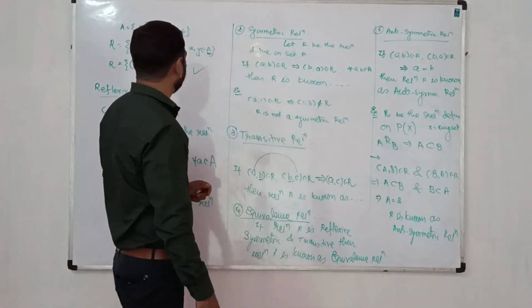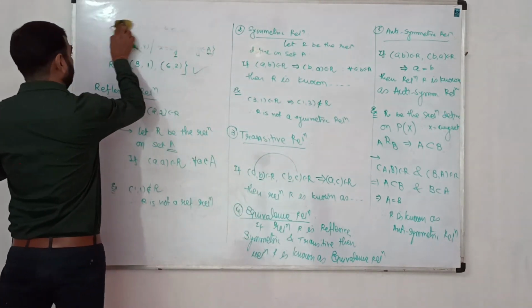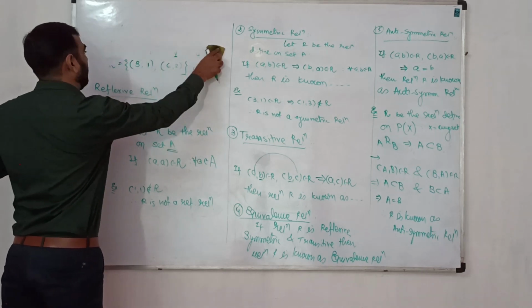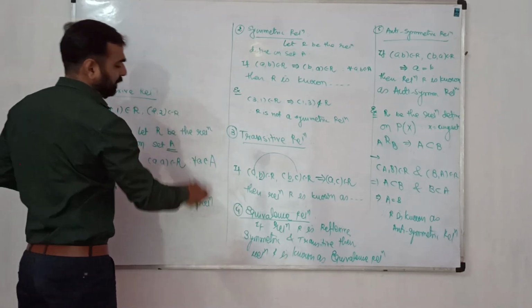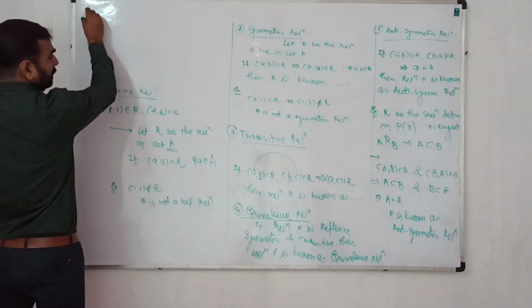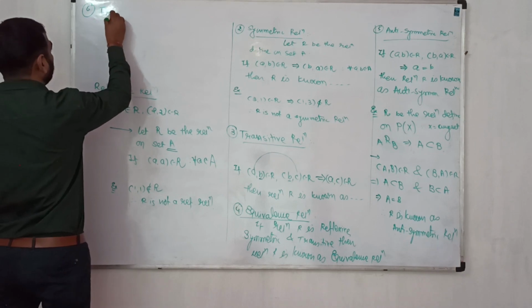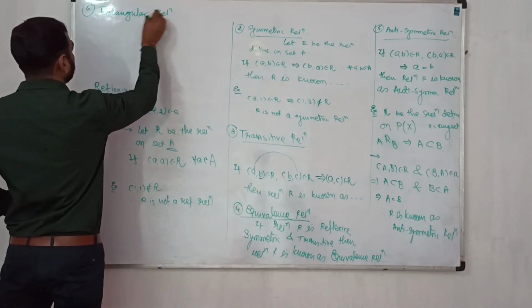Now the next topic, after anti-symmetric, is the triangular relation. The sixth is the triangular relation.